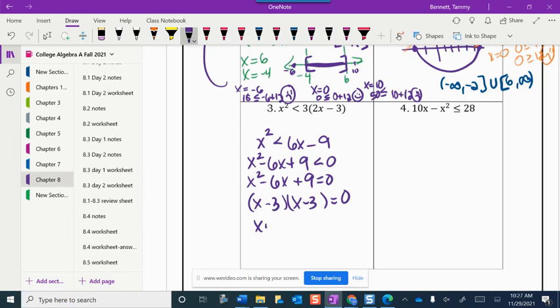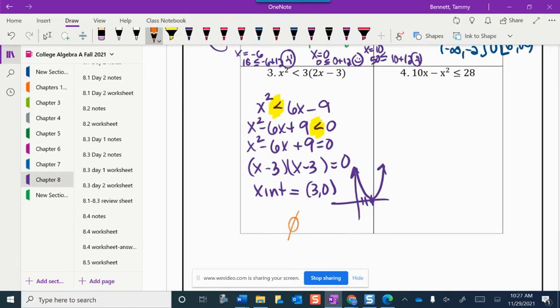So my x-intercept is just (3, 0). Let's graph this thing. So 3, 0 here, so we can see this thing opens up. It's a positive x squared. All right, and we want to know where this graph is less than 0. Well, it is never less than 0. It's equal to 0, but it doesn't say equal to, so my solution is no solution.